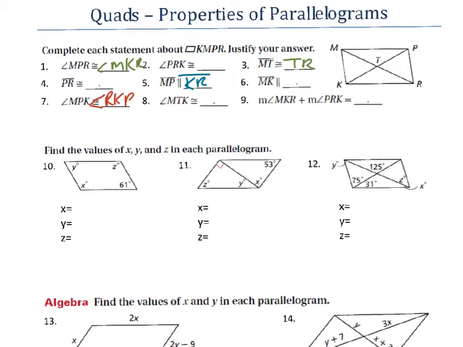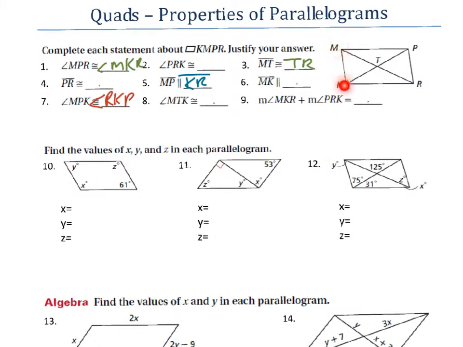And the justification is alternate interior angles are congruent. And the reason why we have alternate interior angles is because we do know that a parallelogram has a pair of parallel sides.